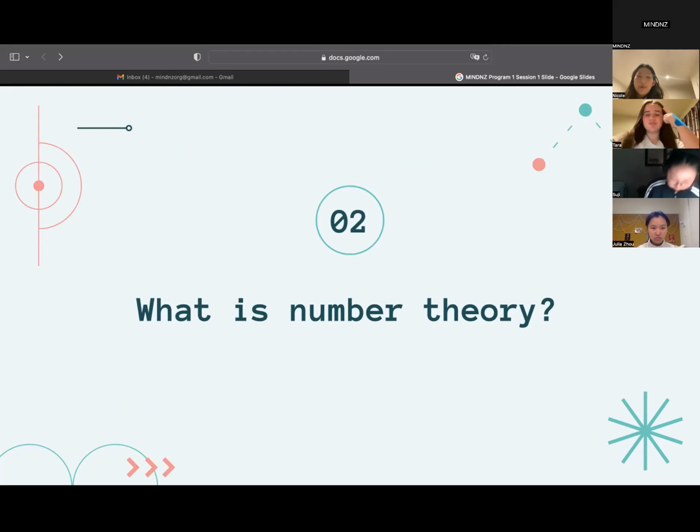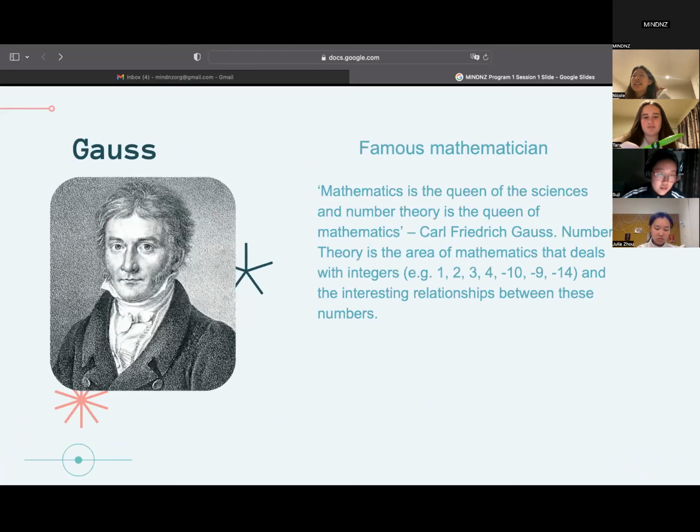Okay, so what is number theory? Does anyone want to tell me or should I just get into it? Okay, all good. Well, number theory is honestly a huge field of mathematics. And this is what this famous mathematician called Gauss said: mathematics is the queen of the sciences, and number theory is the queen of mathematics.